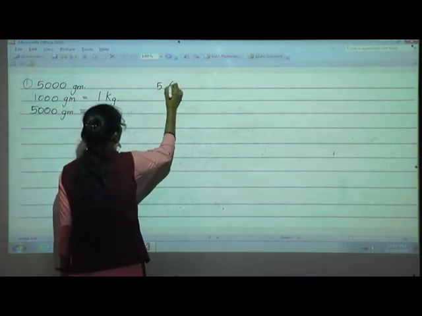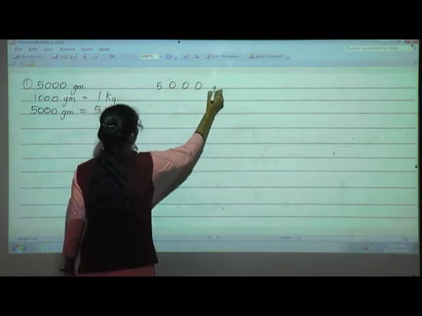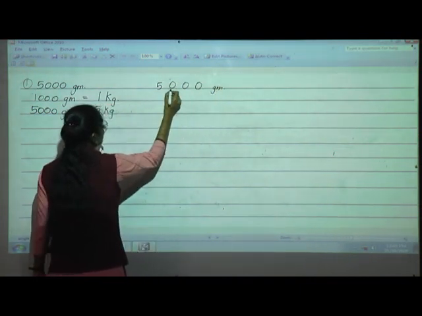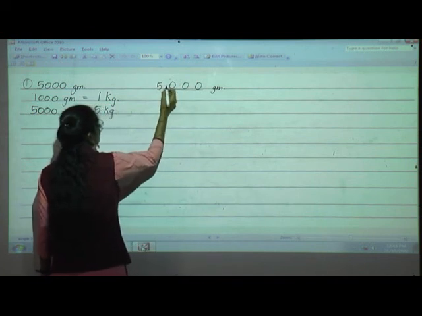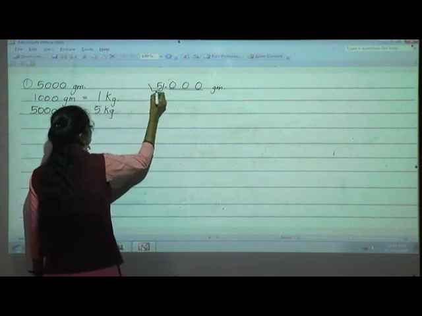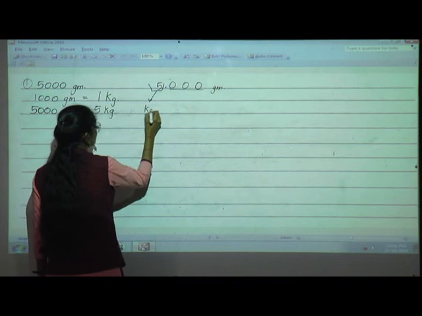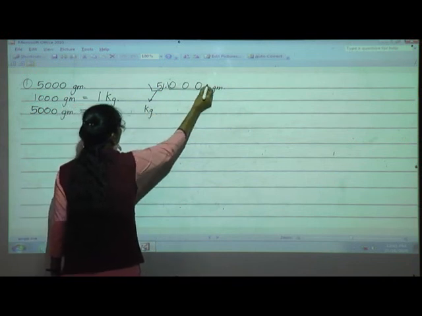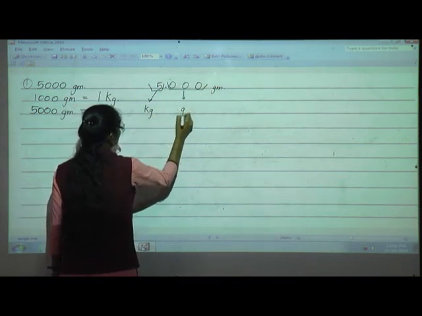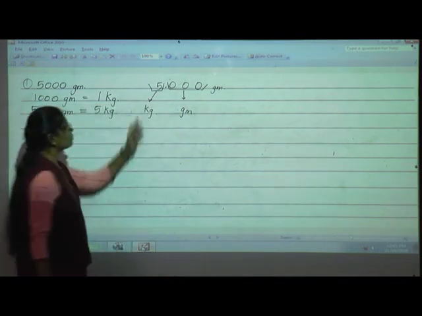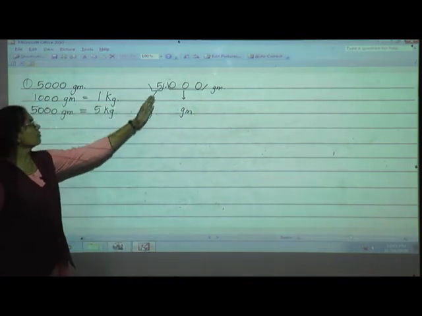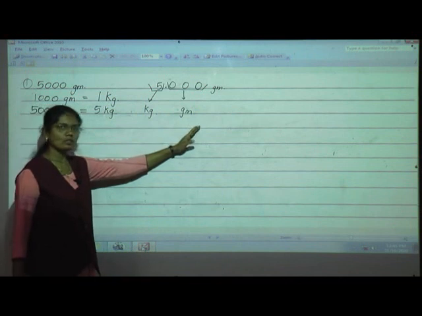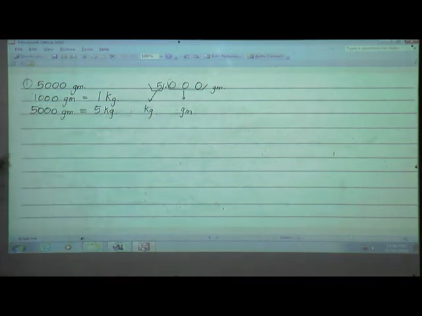See here, 5000 gram. From the right side we have to give a dot. So this is kilogram and this is gram. Here 5 kilograms are there and 0 grams, means 5000 gram is equal to 5 kilogram.